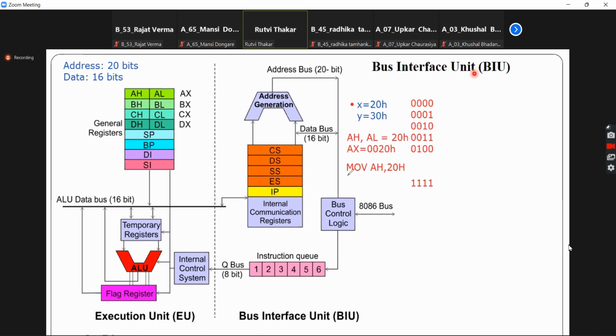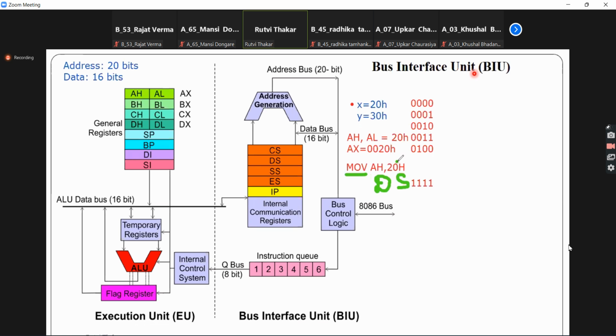The syntax is: this will be your instruction, whatever instruction you want to do. Moving, adding, subtracting, multiplying, division, anything. This is the destination, and this is the source.